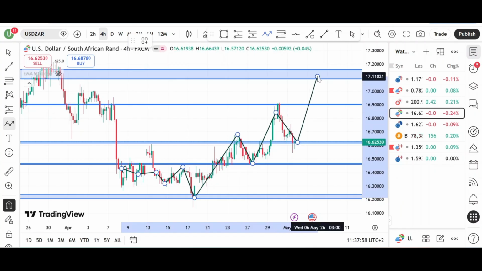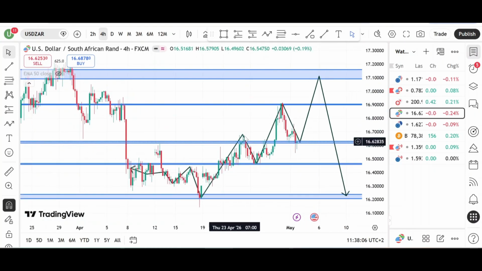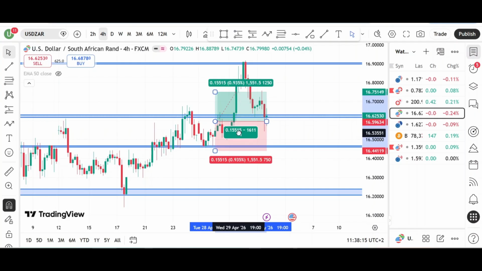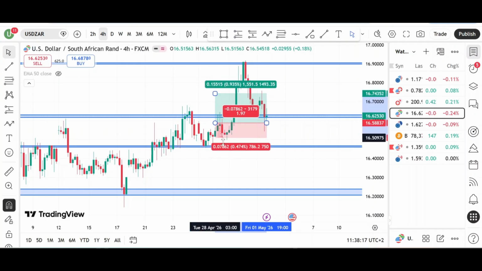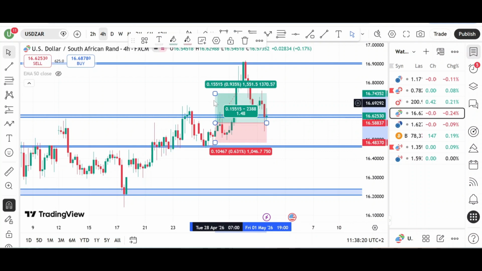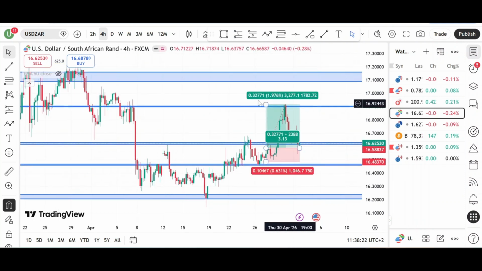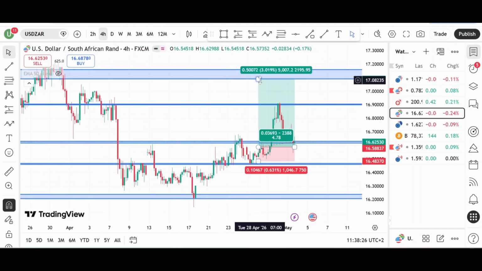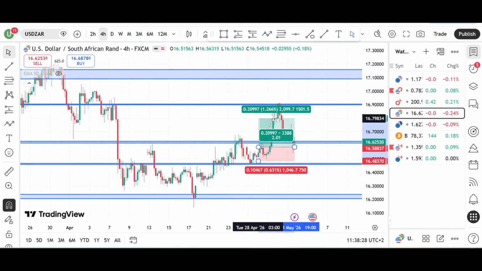Here we can expect the completion of this higher low, higher high, before going back into a downtrend. The last trade I took here, I entered on this candlestick formation, and I used the pips here and have been targeting here. I exited when the price was here.